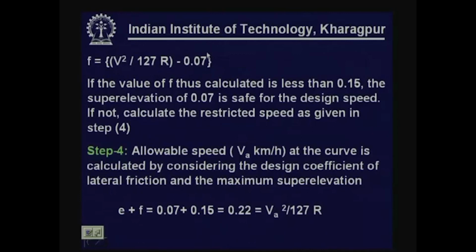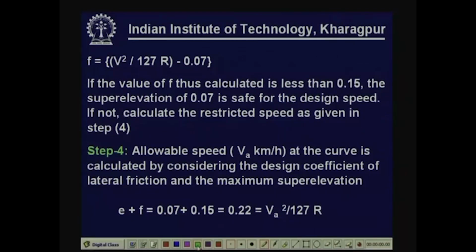E is already 0.07. So, we check the value f equal to v square by 127 r minus 0.07. Now, if this f value is less than the permissible value, which is 0.15, then the overall design is safe. With 7% super elevation also, the overall design is safe, because super elevation and side friction together can very well counteract the centrifugal force.